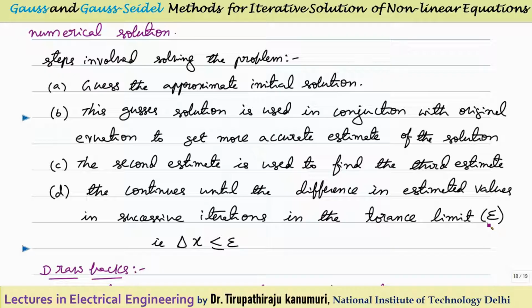We provide the tolerance limit, that means how much difference is allowed between two adjacent iterations. Let us say I tell that the difference should be less than 0.01. That means up to the third digit there should be no change between two adjacent iterations, then we say the solution has arrived.